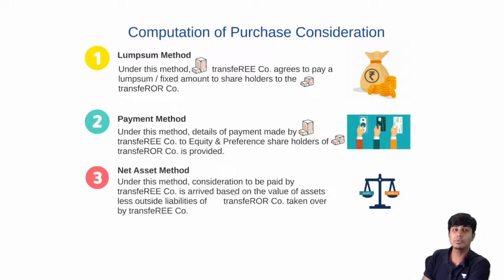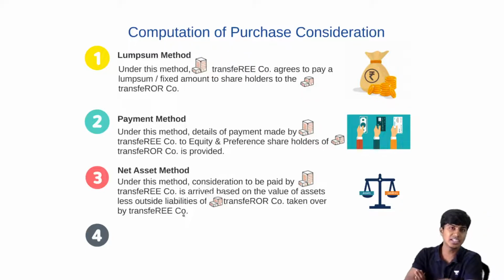So in the net asset method, PC is computed as agreed value of assets minus agreed value of liabilities taken over, CL. Under this method, consideration to be paid by the transferee company is arrived at based on the value of the assets less outside liabilities of the transferor, the small company, taken over by the transferee company.